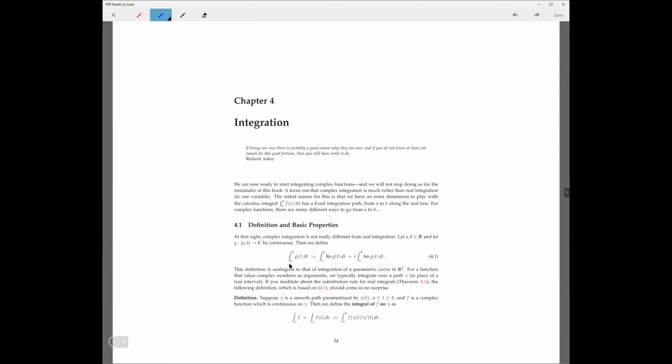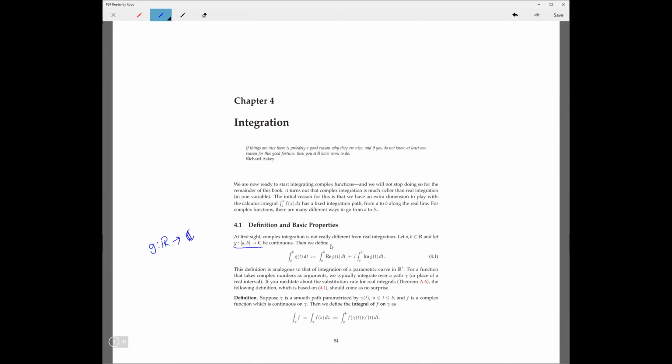So right here, if you're integrating from a to b of g of t, where g is a complex number, the kind of functions that we're looking at are going from the real numbers to complex numbers, okay? And so that's what that's all about.